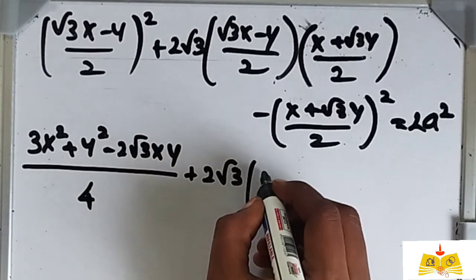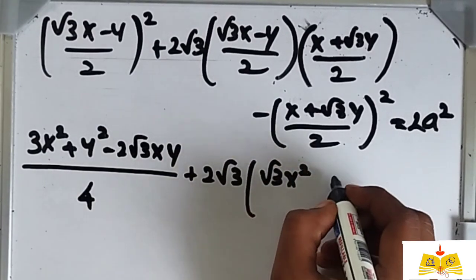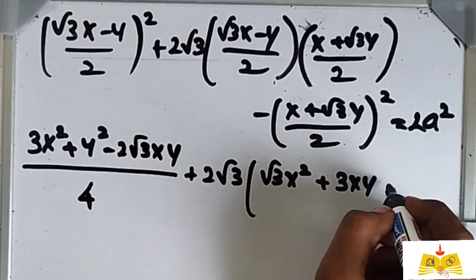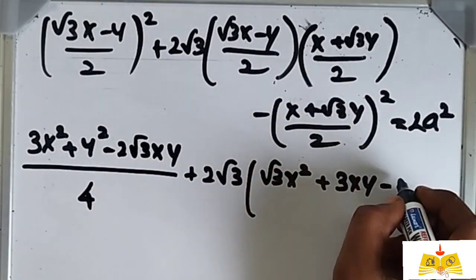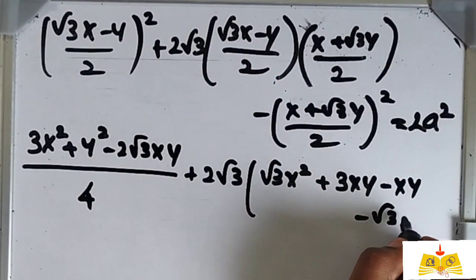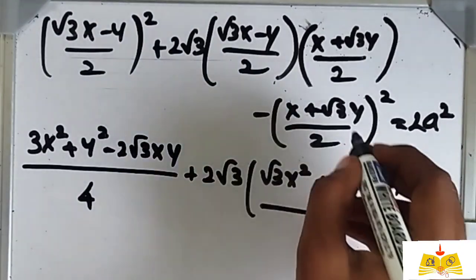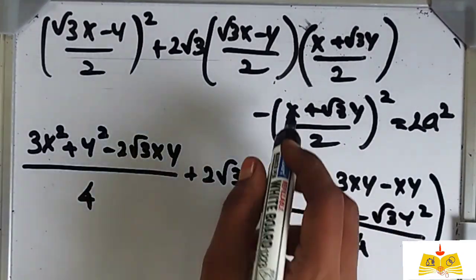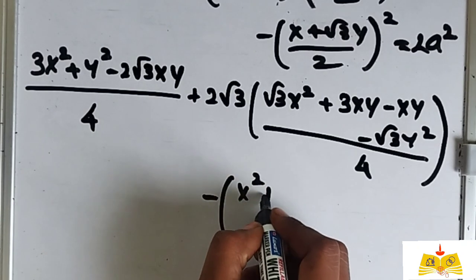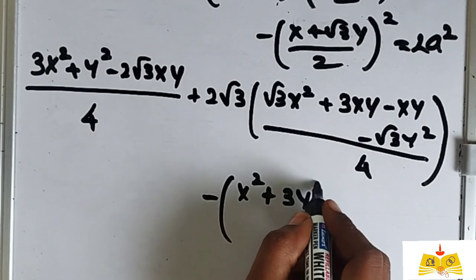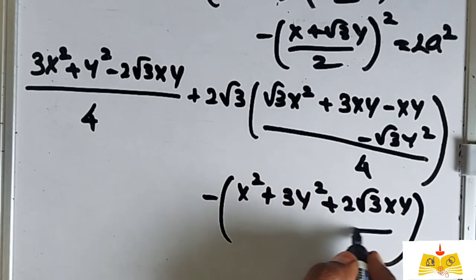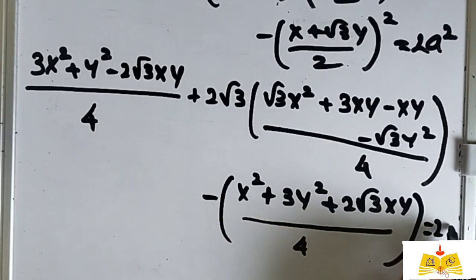So it will become root 3x squared plus root 3 into root 3, 3xy, minus, multiplying by y on both sides, xy minus root 3y squared, divided by 2 times 2, which is 4. Here it is also in the format of a plus b the whole squared, minus x squared plus 3y squared plus 2 root 3xy divided by 4 equals a squared.